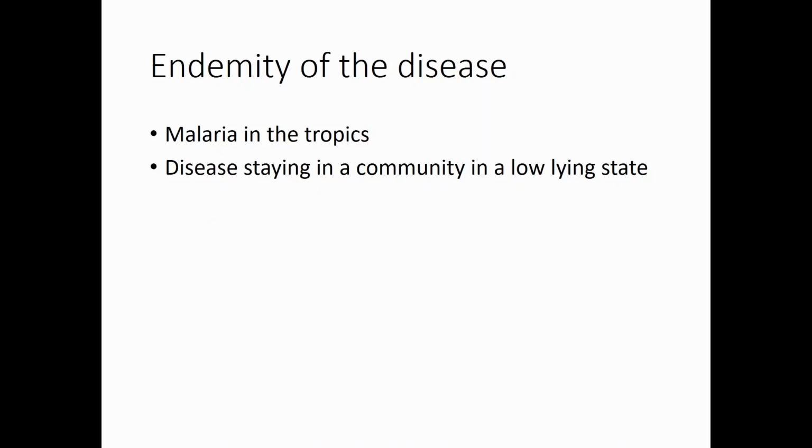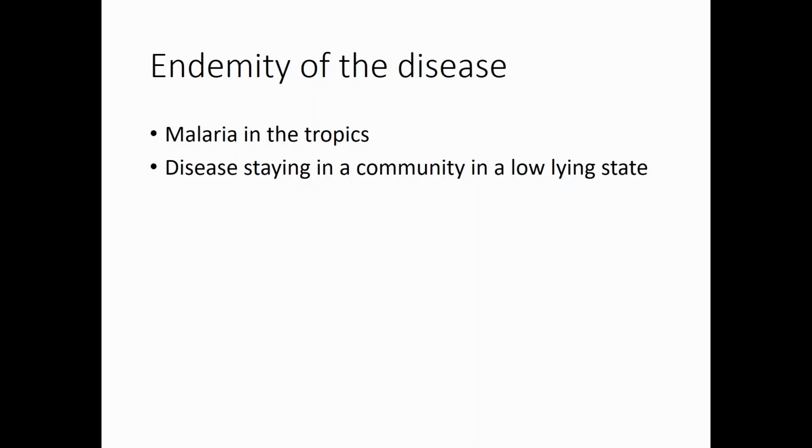Then another aspect we can think about is the endemicity of the disease. For example, malaria staying in the tropics. Now, endemicity of the disease is very, very crucial because if, for instance, the disease is endemic in a certain area, that disease has stages.